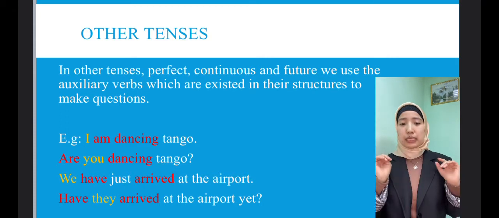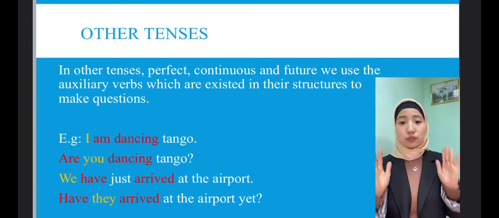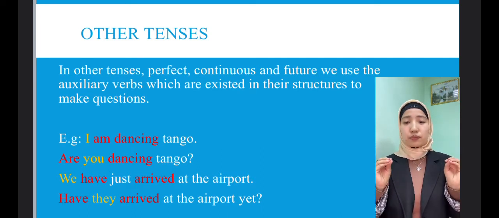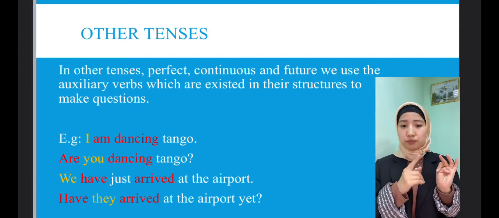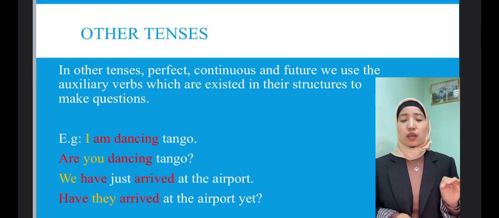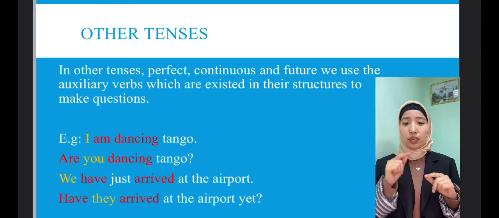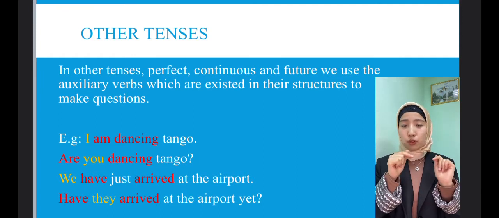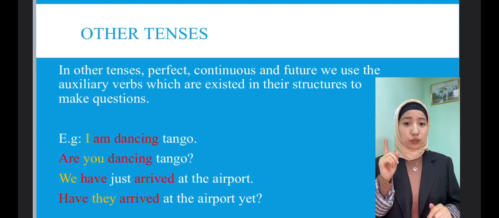These other tenses don't need any auxiliary verbs because in their structure there are auxiliary verbs be and have in their forms. So that's why we just make questions by inverting the places of the auxiliary verb and the subject.